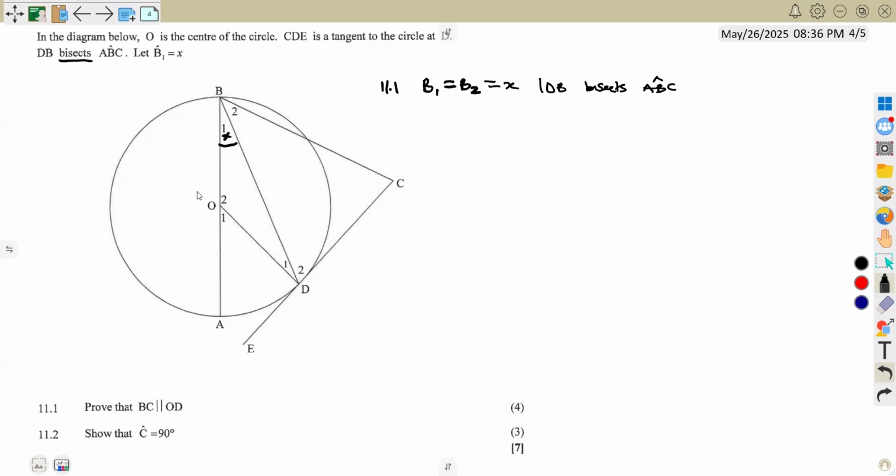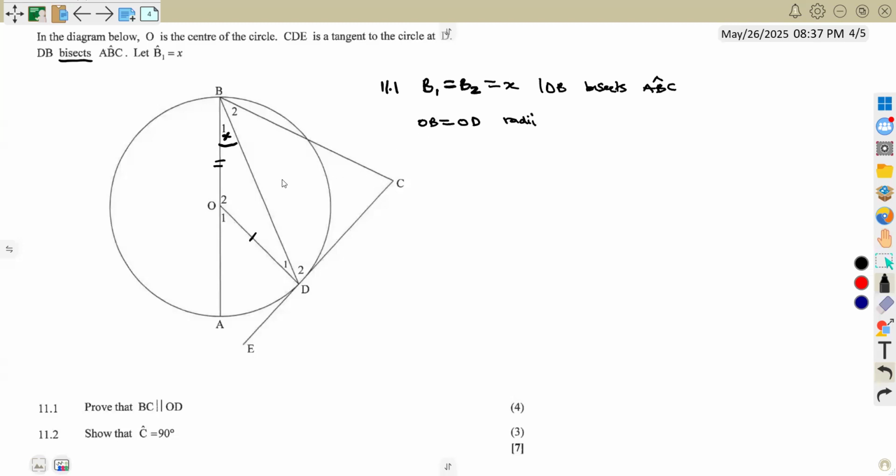Then we can conclude that OB is equal to OD. This part and this one are equal. They are both radii.